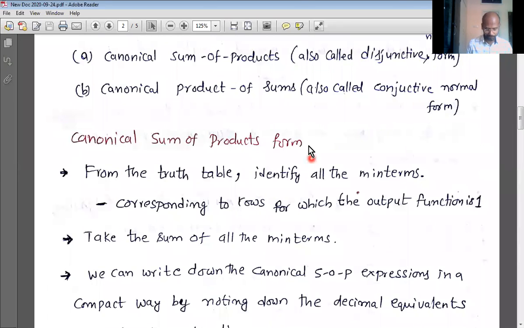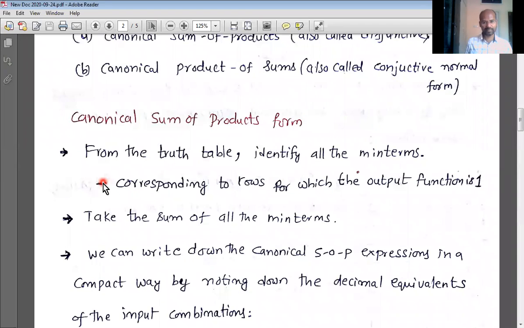Now how to write down the canonical sum of products. These are the steps. From the truth table, identify all the minterms.